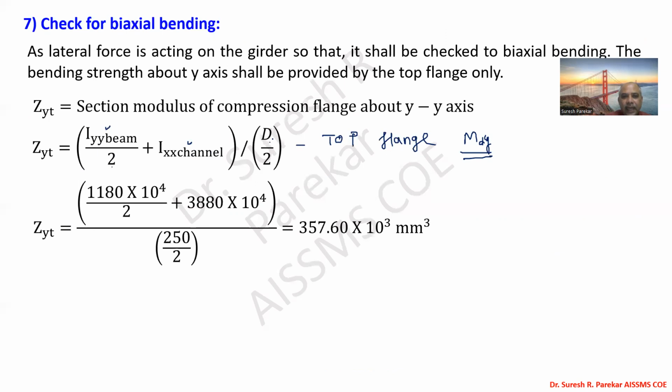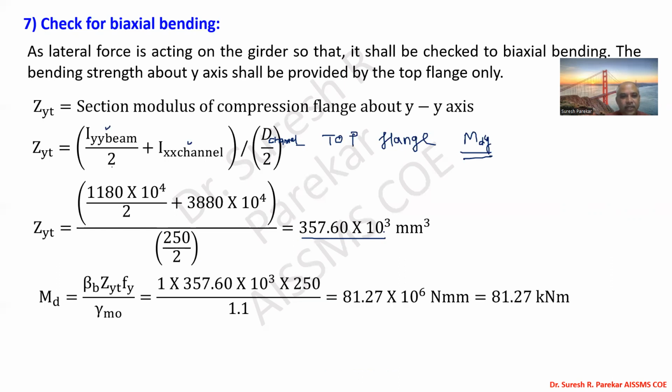And then this will be depth of channel, because we are talking about y-axis. And from this I will get value of ZYT 357.6 into 10 raised to 3 millimeter cube. So I will get this value as MDY now, which is 81.27 kilonewton meter.